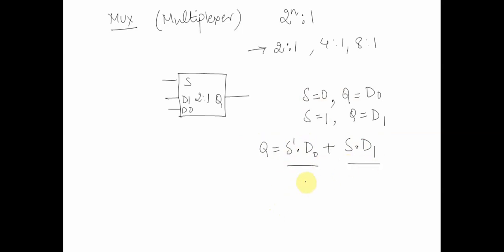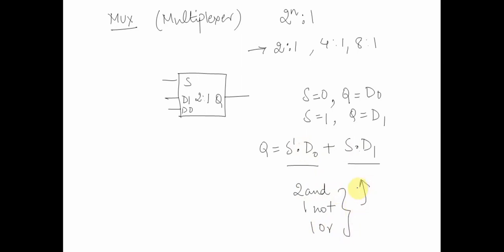This is nothing but a sum of products, a sum of two products, and it could be realized using Boolean gates. We will have two AND gates, one NOT gate, and one OR gate to realize this circuit.